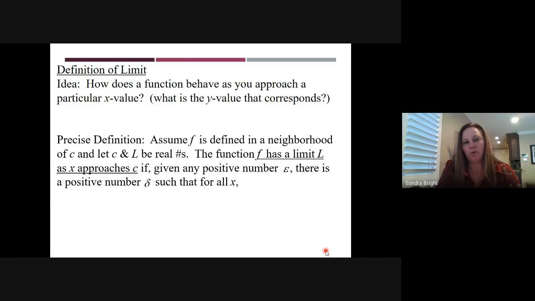We included the whole thing on there because you don't need to memorize this by any means, but this is the precise epsilon delta definition. You assume that f is defined in a neighborhood of c and let c and L be real numbers.